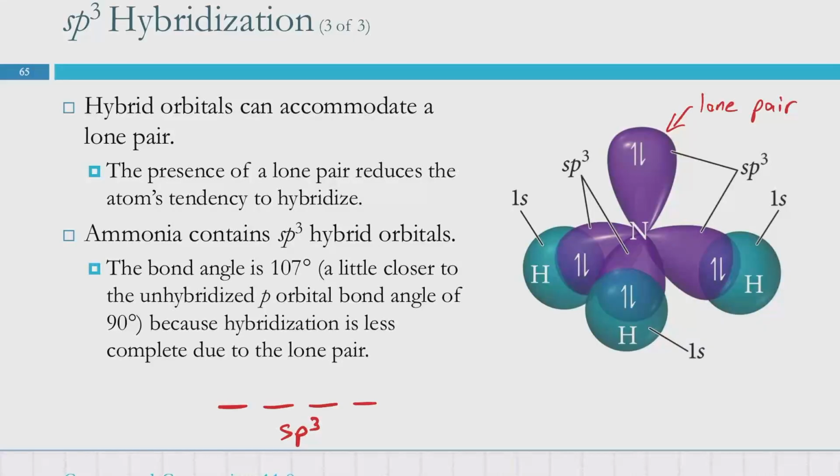If we draw out the sp3 orbital diagram, we have to fill in 5 spots. The first 4 go in up, the last one goes in down. So we've got a lone pair, and then we've got 3 of those sp3 orbitals that are available to bond.